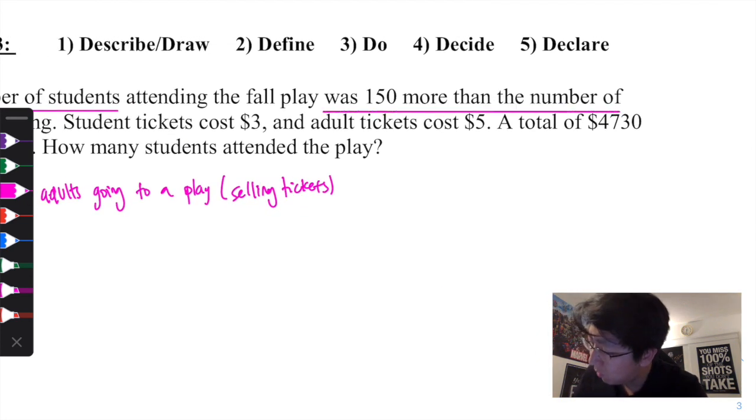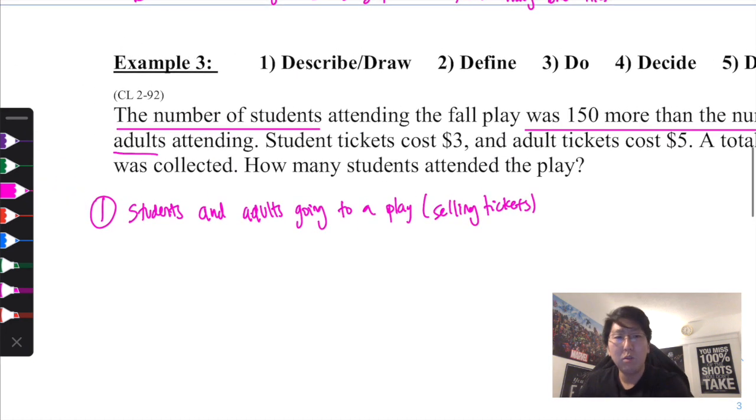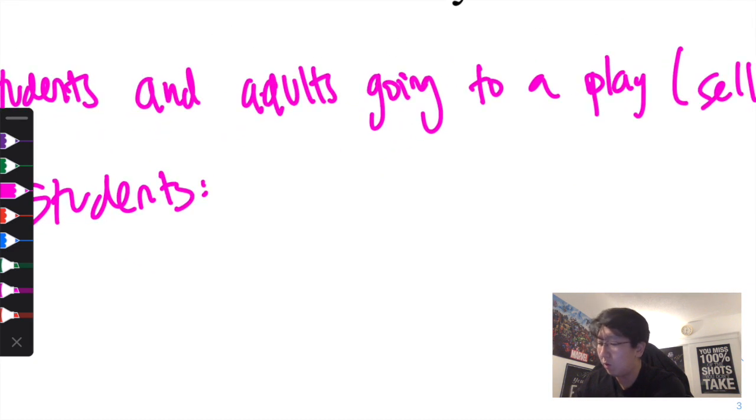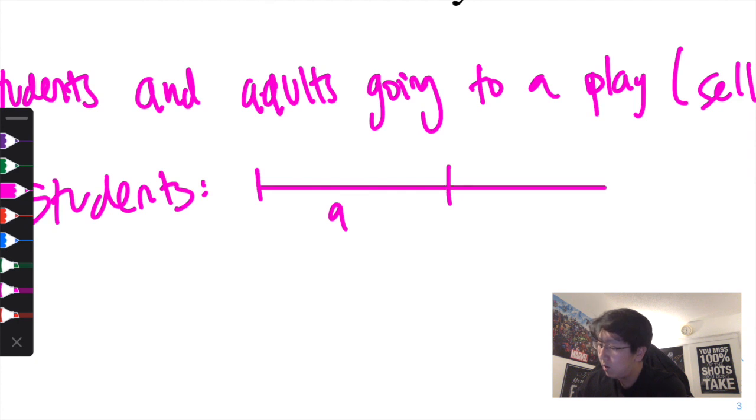So the number of students was 150 more than the number of adults. We do not know the number of adults, but we know that students is adults plus 150. So if we don't know what adults are, we're going to give it a value, A. Then we're going to add 150.